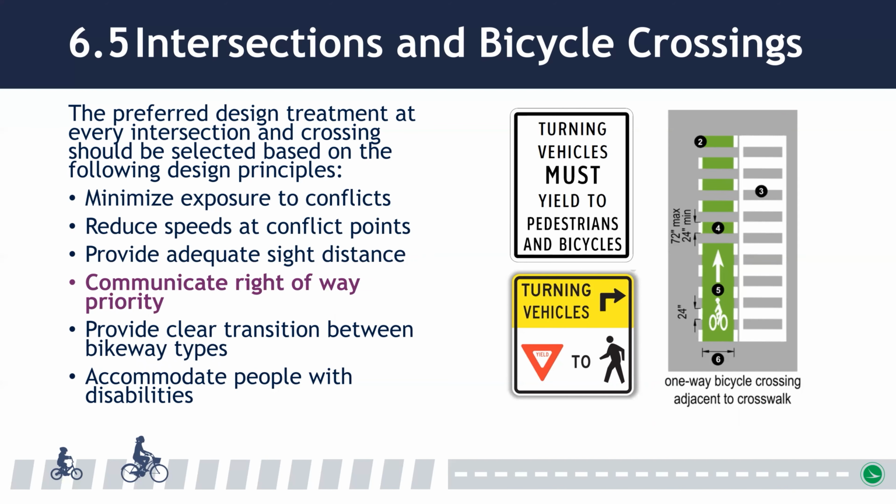Intersection design should provide bicyclists, pedestrians, and motorists with visual cues that both clearly establish which user or users have the right of way and consistently communicate expected yielding behavior. This is often accomplished through the use of traffic control devices to communicate the right-of-way priority.